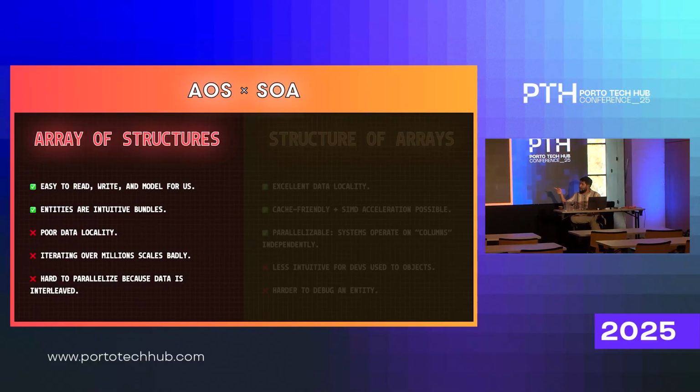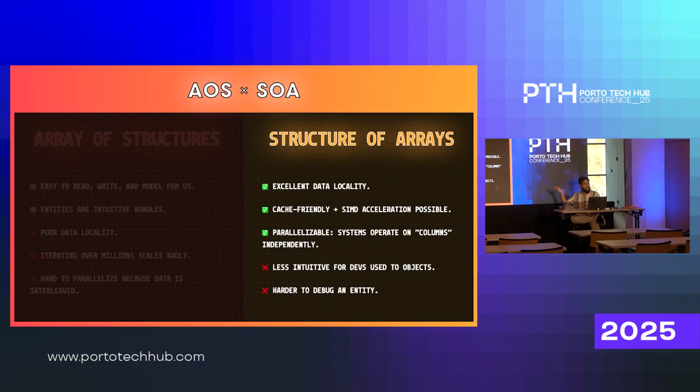Also, we'll see how iterating over millions of these can escalate not ideally, and how this can be harder to parallelize. And on the second example, we had quite the opposite. So we had great data locality. It tends to be cache friendly and even SIMD optimizable and parallelizable, but it's a lot less intuitive.